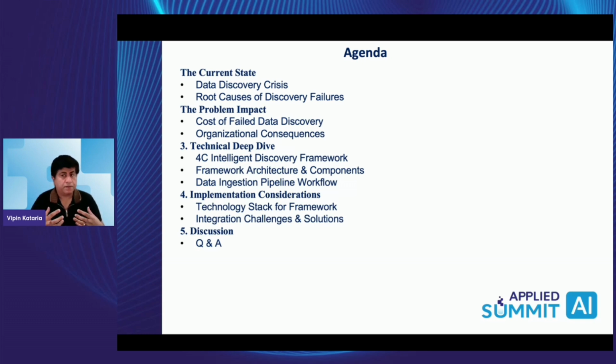We'll deep dive into the blueprint of the architecture, followed by a data ingestion pipeline workflow. Later, we jump to the implementation considerations, which will cover the tech stack available in the market to build this framework, and the truth, which is about the challenges you will face when you build this system. We'll go over the solutions also, followed by the Q&A.